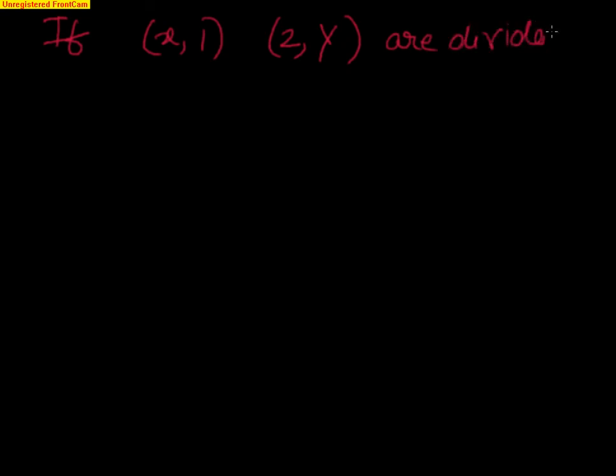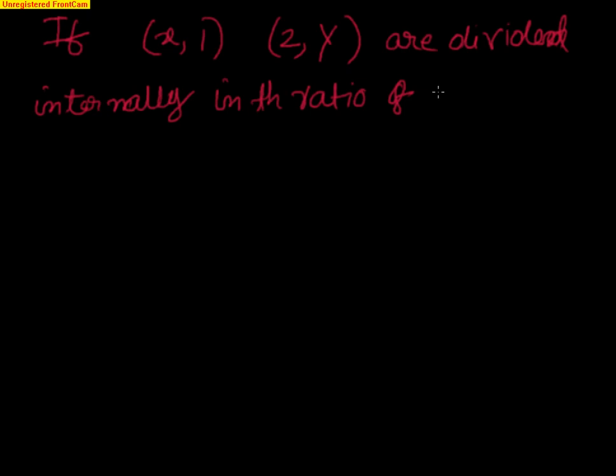Let us say x comma 1 and 2 comma y are divided internally in the ratio of 2:1 by the point 3 comma 5. Find out the values of x comma y.